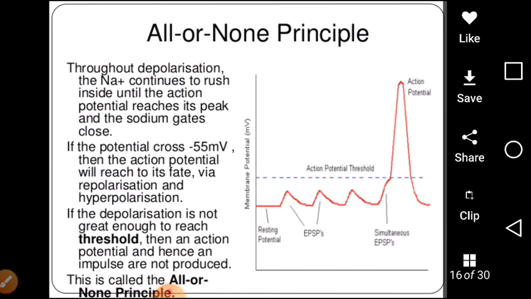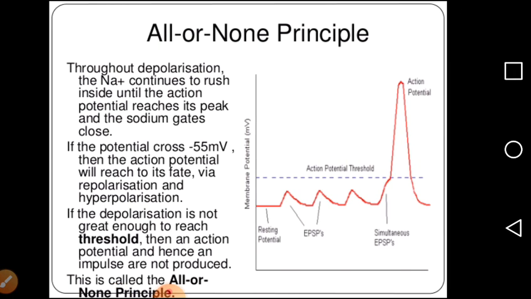Okay, so now comes the all or none principle. Throughout the depolarization, the sodium ions continue to rush inside until the action potential reaches its peak and the sodium gates close. If the potential crosses the minus 55 millivolt range, then the action potential will reach its fate, that is, repolarization and hyperpolarization.